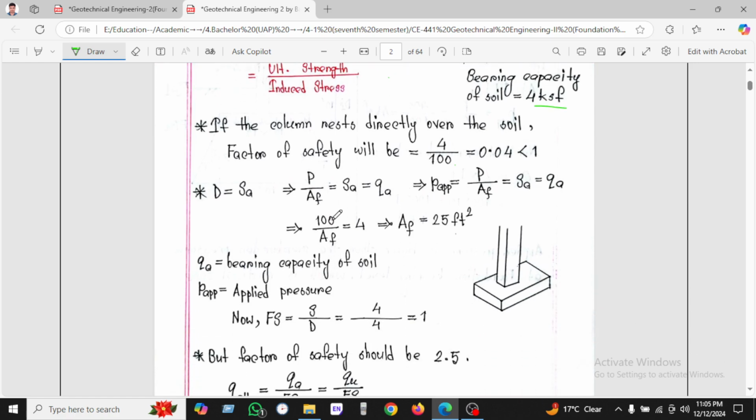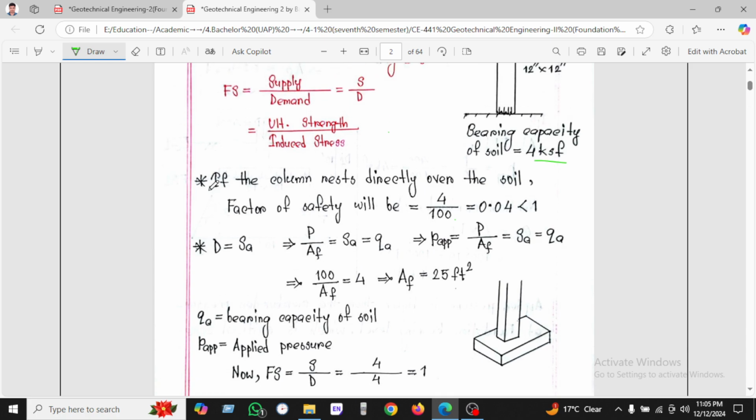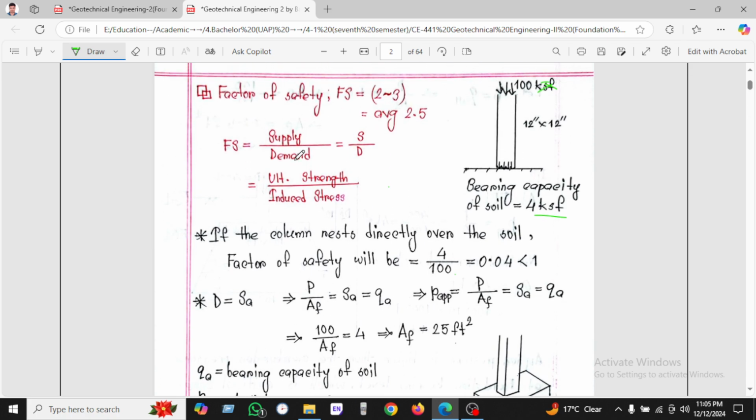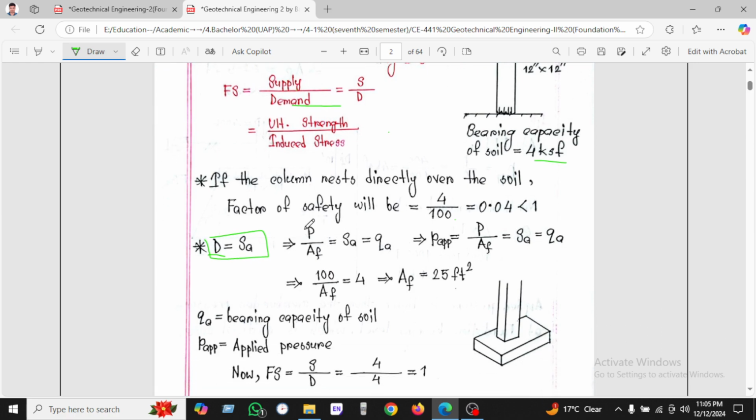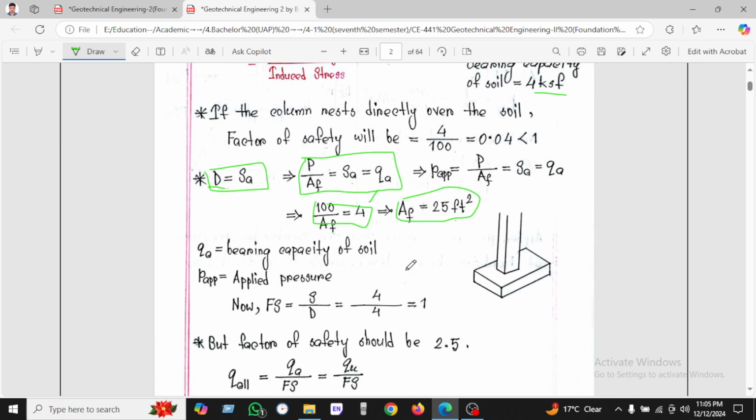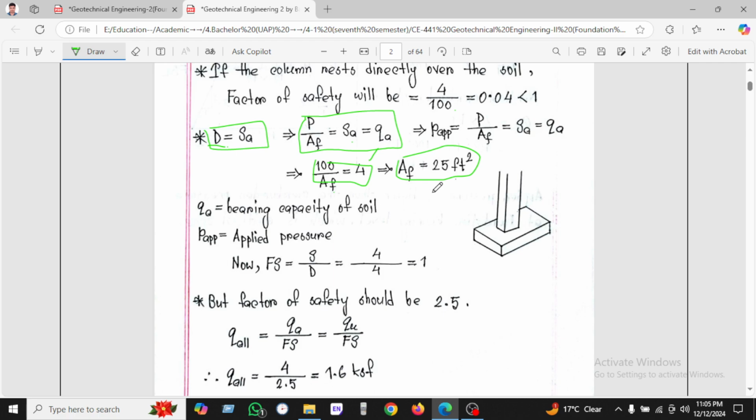So we know the demand is D, and the supply is S. So supply equals demand. So demand we can know as force per area, and supply is the allowable. Putting in the value P is 100 and allowable is 4, we found the area of footing 25 square feet, which is 5 by 5 feet.